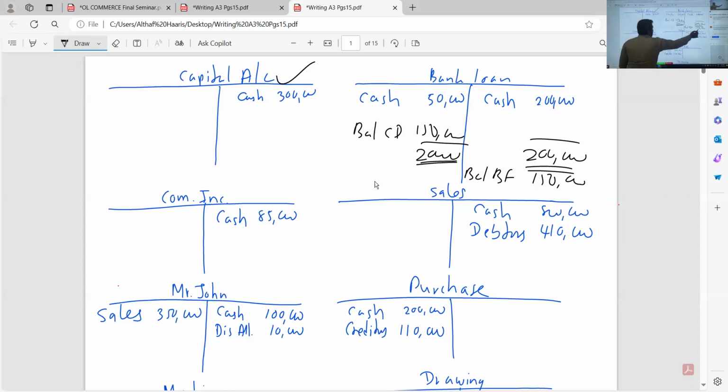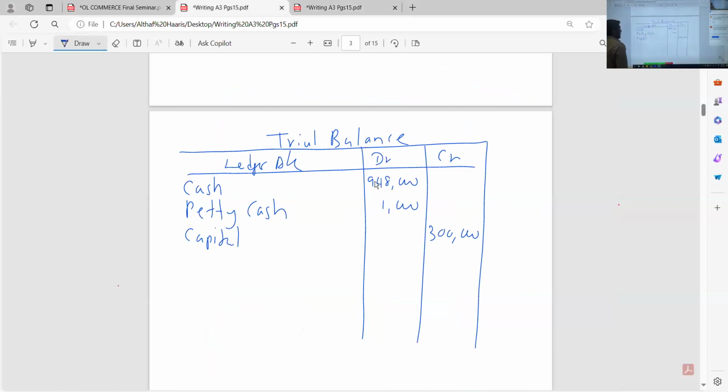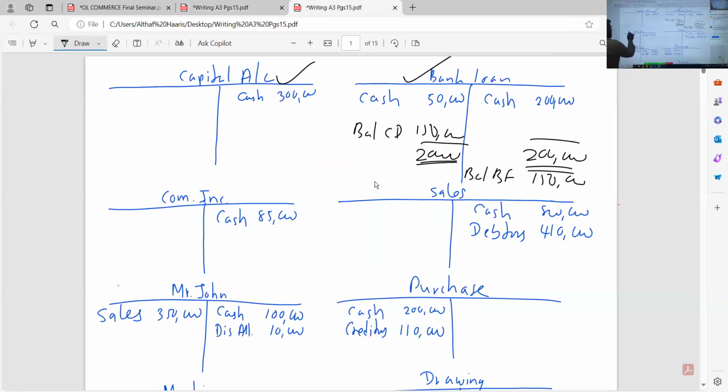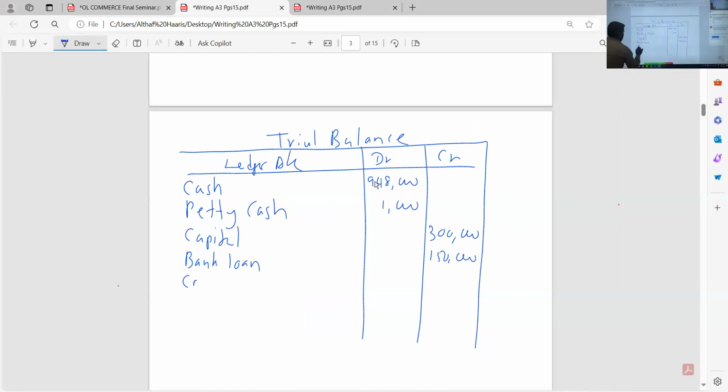Bank loan on the credit side 150,000. Done. Next, commission income on the credit side 85,000.